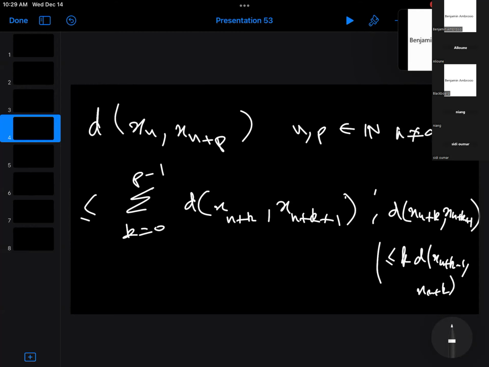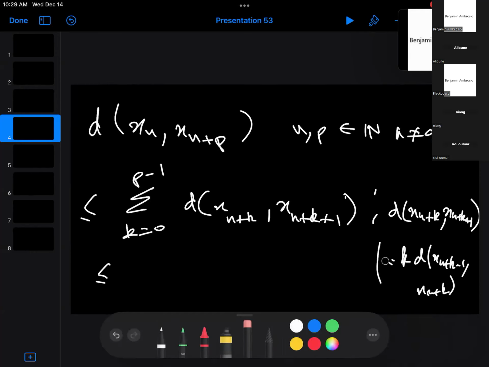So applying that, I can go back till the distance between x_0 and x_1. So for example, let it be more simple than that.